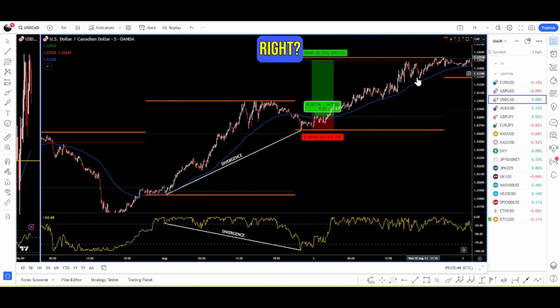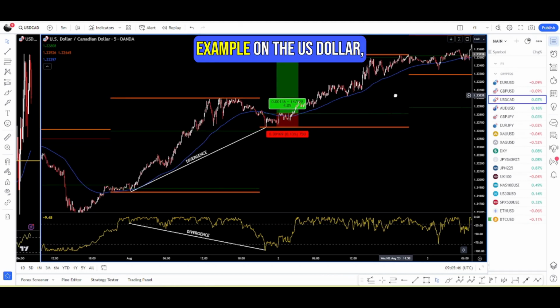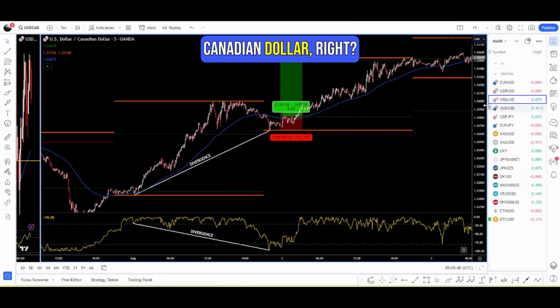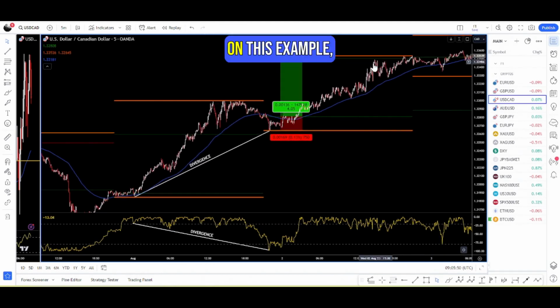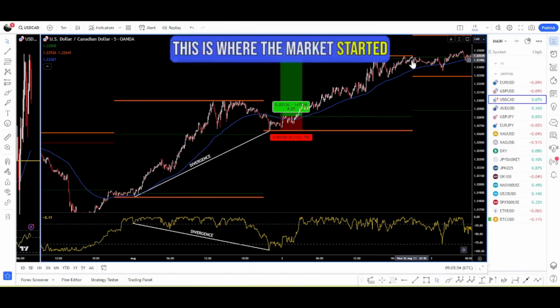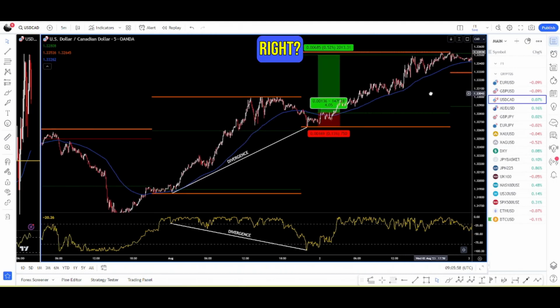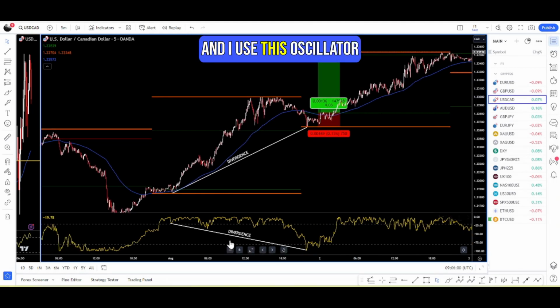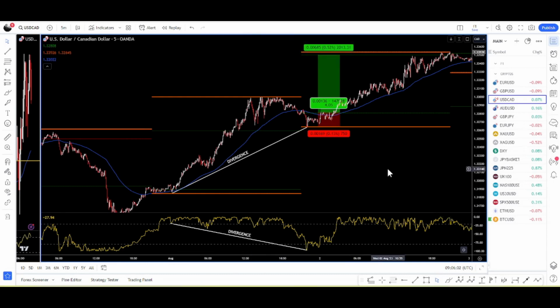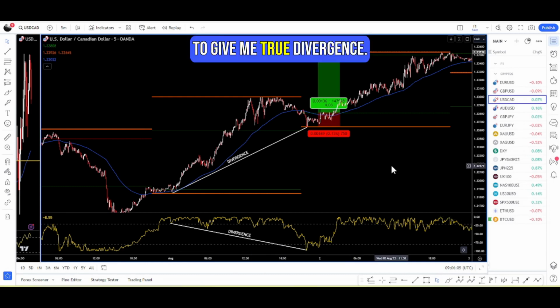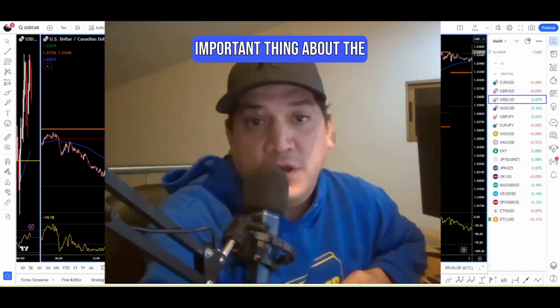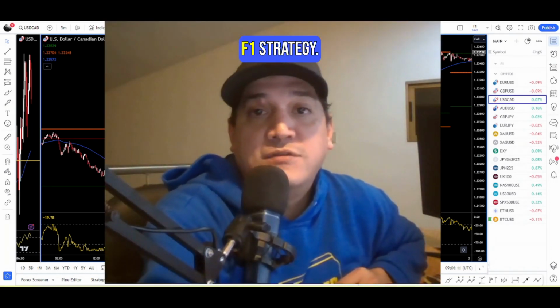As you can see on this example on the US dollar Canadian dollar, this is where the market started to lose its bullish strength. And I use this oscillator to give me true divergence. And this is the most important thing about the F1 strategy.